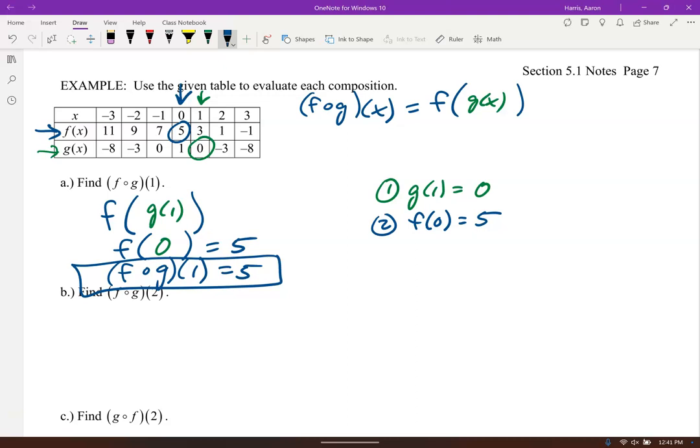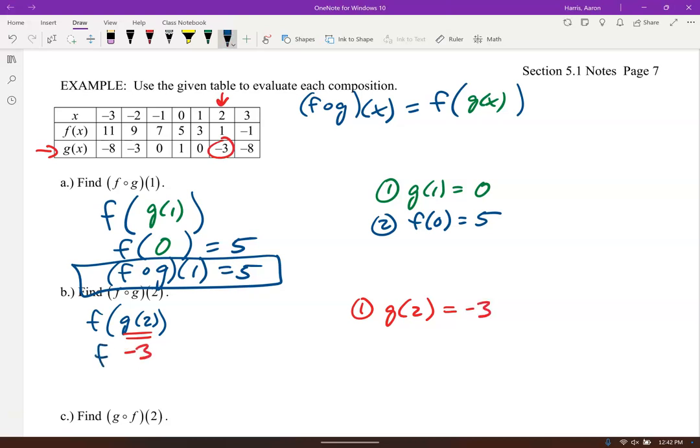Let's do another one. F of g of 2. So let's do g of 2 first. Number one, what's g of 2? Find what the inside value is. Here's our g function. If x is 2, g of 2 is negative 3.